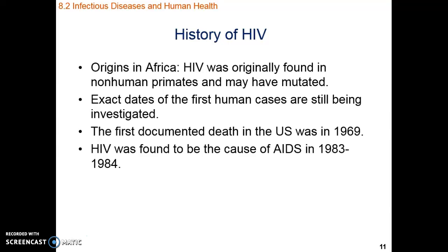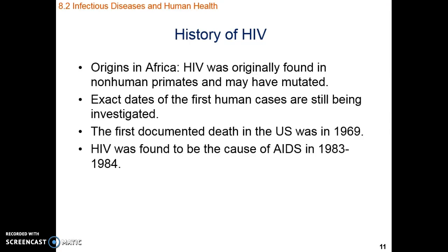Just to give you a brief history of HIV, the origins are in Africa. HIV was originally found in non-human primates, and it's thought that it was first transmitted into humans probably in the 1930s.